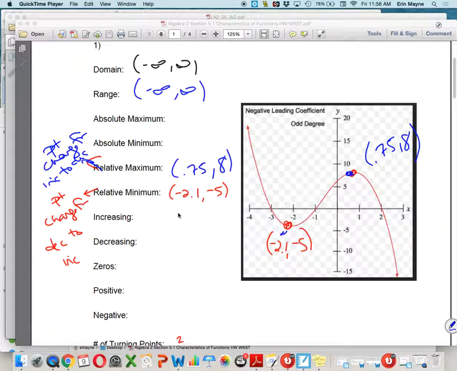Easy enough? Okay. Now, the phrase absolute means most. Well, what is the highest this goes? Infinity. So therefore, we say there actually is no absolute max. And guess what? We're going to write for absolute min? None.